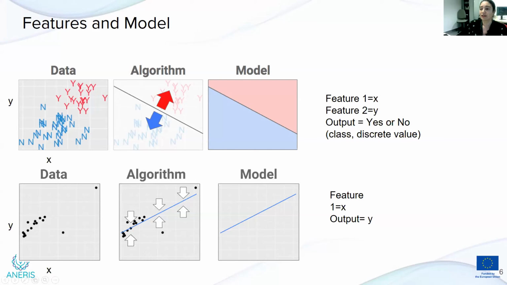Here, in that particular classification scheme, I call X one feature and Y another feature, and it's these features that will allow you to discriminate between the two classes. And then the output of the algorithm is yes or no, the class. If you do prediction, you may have one feature, X, and Y here in this graph was actually the output.